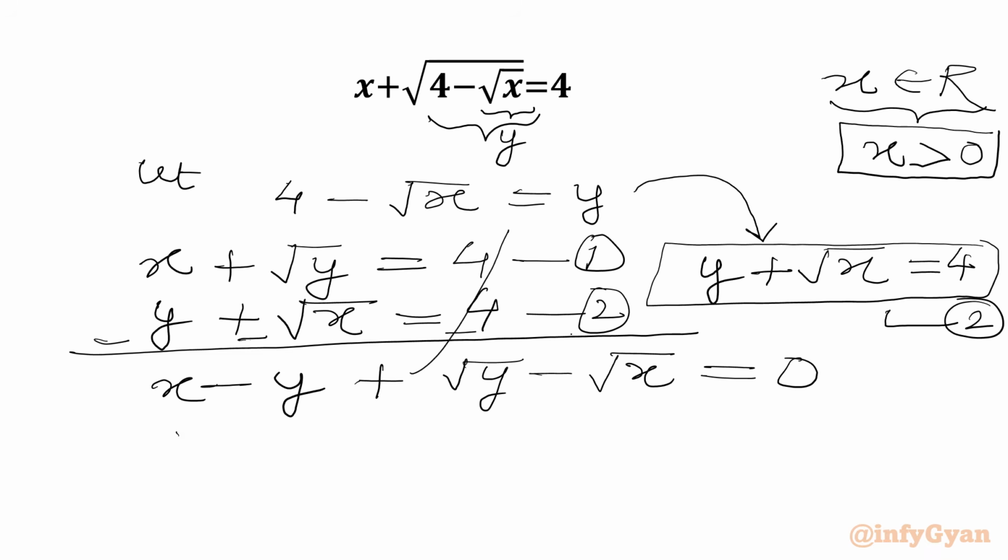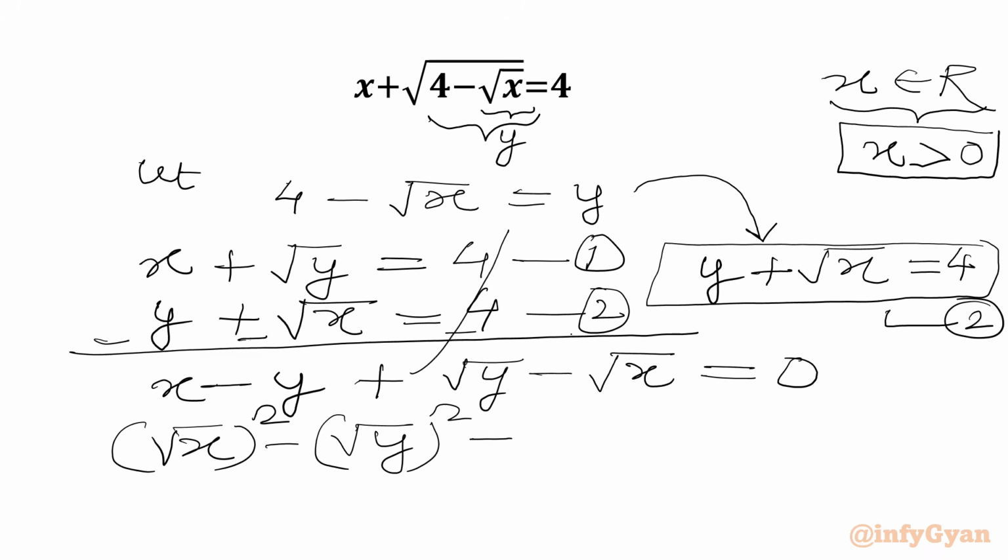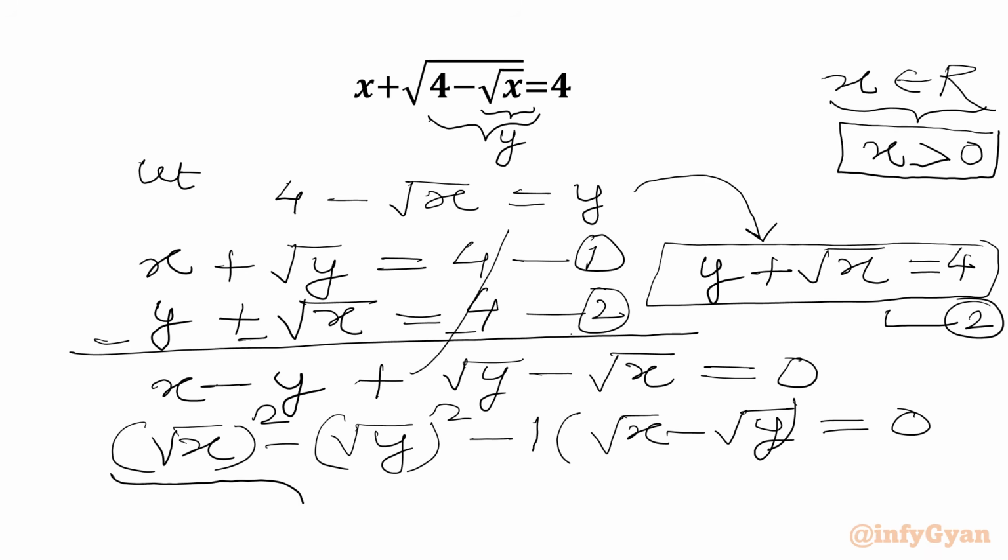Now I can write x as square root x whole square, and y will be written as square root y whole square. Minus 1 I will take common. In the bracket I can write root x minus root y equal to 0. Now we will be using the difference of two squares formula here.